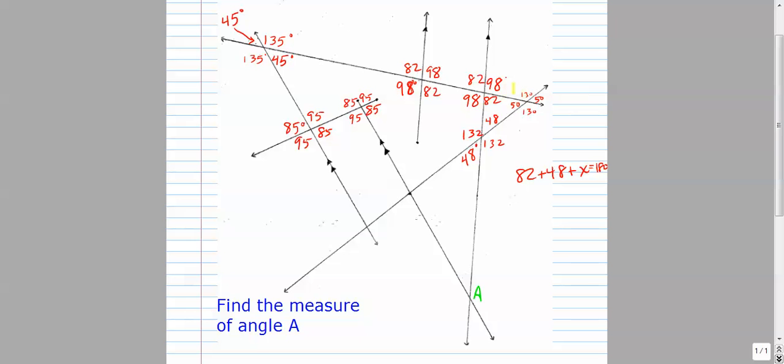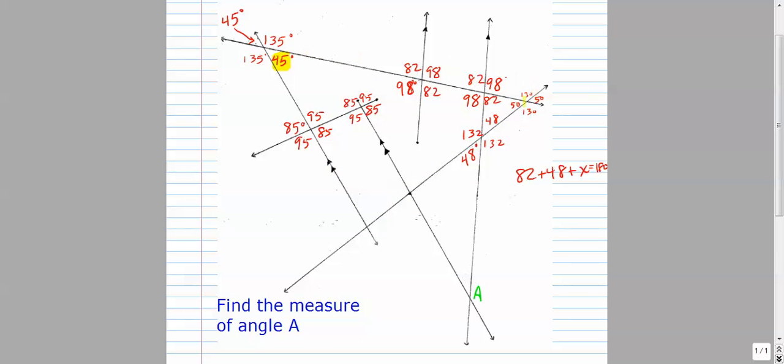Now you got to look at the big picture, right? Our goal is to get down here to angle A. We can't get there yet. So whenever you're stuck, I want you to take a step back and see if you can see familiar shapes if you look at the big picture right here. What I just highlighted is obviously a triangle. The interior angles of every triangle add up to 180.